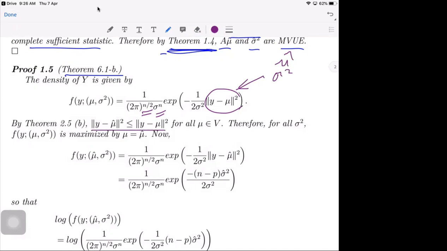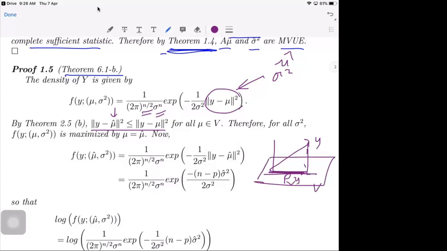So you know this relationship that the square norm from mu hat will be the shortest, or the length will be the shortest because it is nearest, no? So if you recall, if you have a vector y and you project it onto the subspace V, the projection of y unto V will be the one closest. This is the closest.